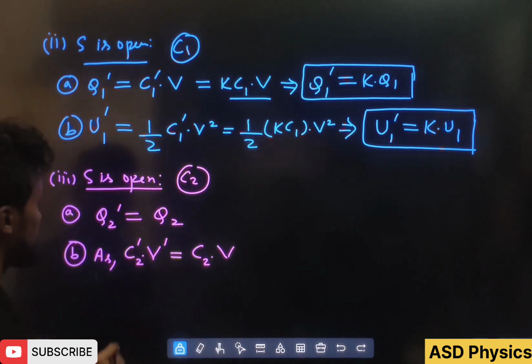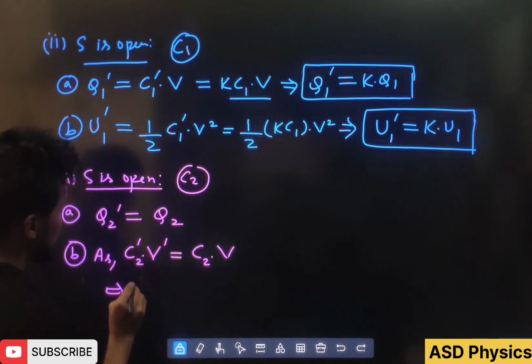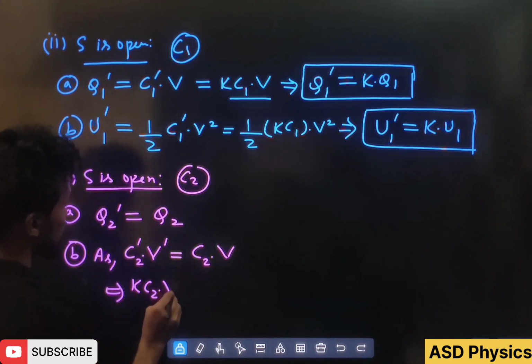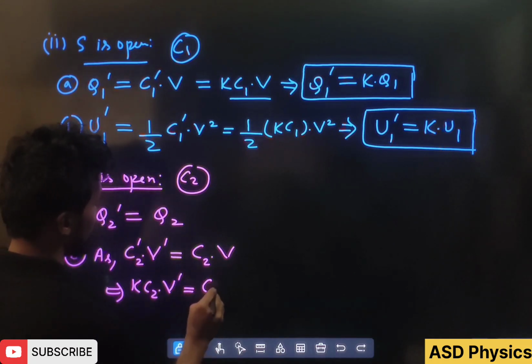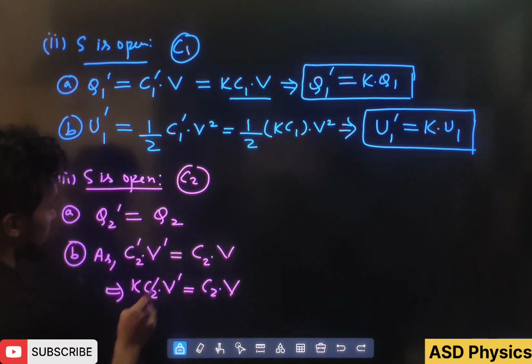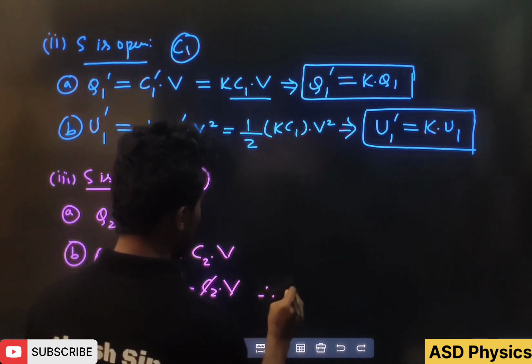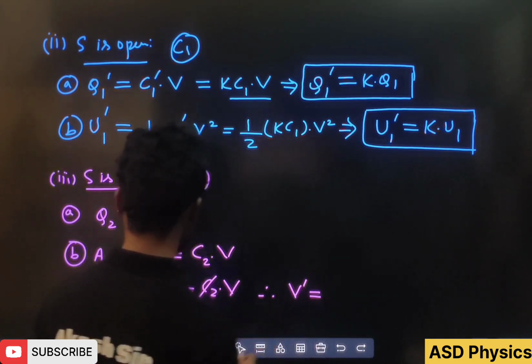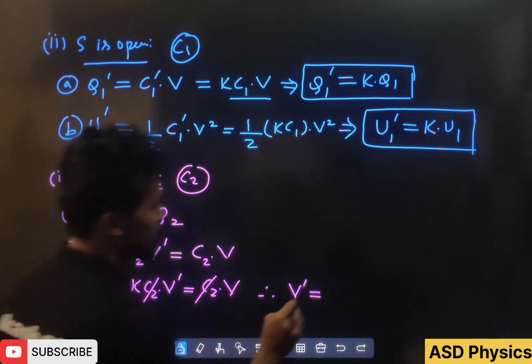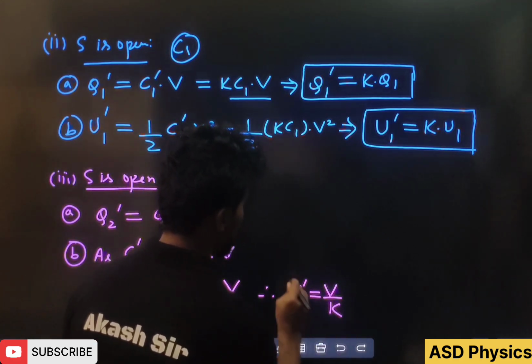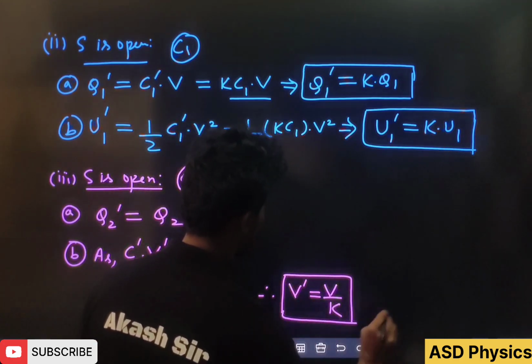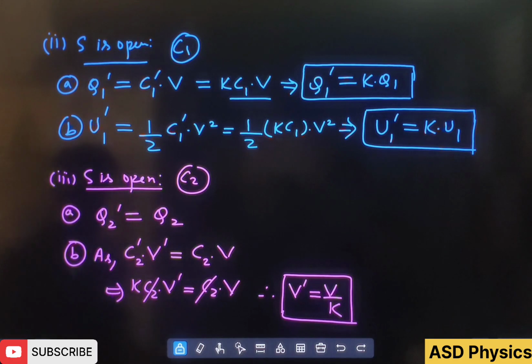So if I write C2 dash as KC2 into V dash equals C2 into V, both sides C2 and C2 cancel. So this new potential V dash is V by K. Potential will decrease because the battery is disconnected.